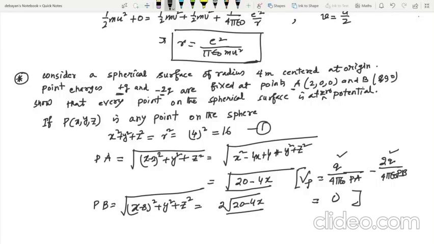Another reverse type of question can come. What do I mean by that? The potential is given and you have to find the electric field.